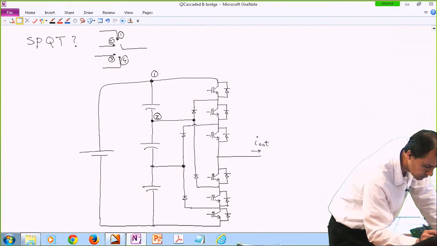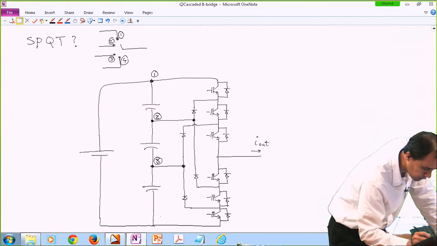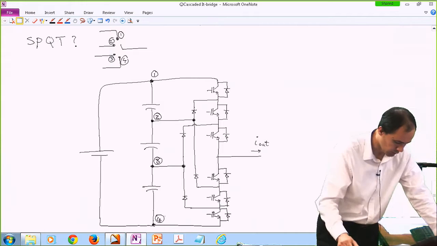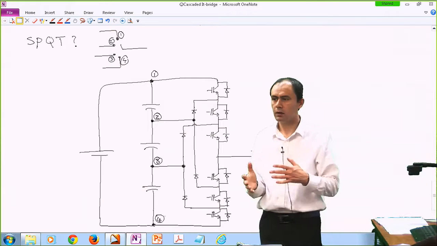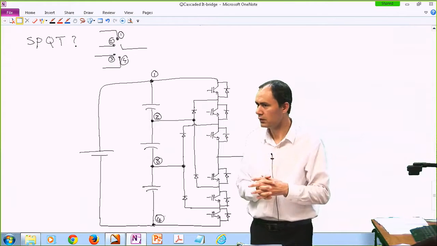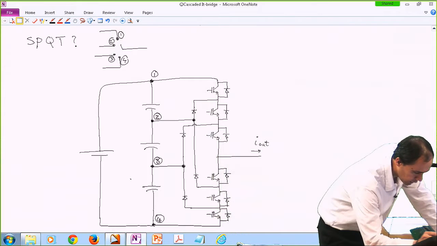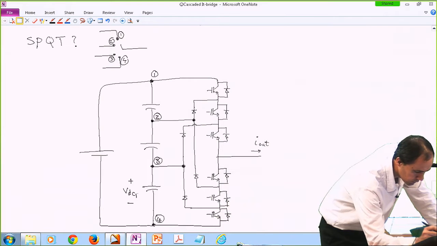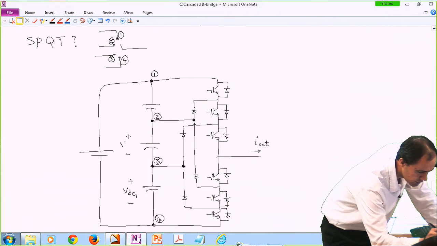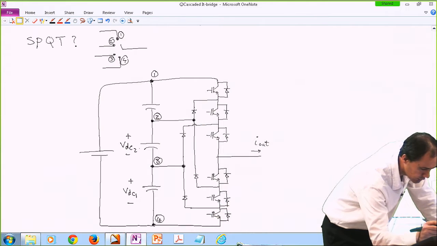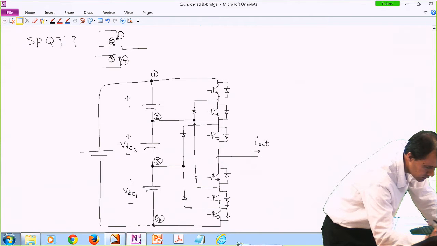Depending on which one of these switches are involved, and I'm going to explain a few of them, we can argue that the output voltages could be 0, it could be VDC1, it could be VDC1 plus VDC2, or it could be VDC1 plus VDC2 plus VDC3, which is VN anyway.